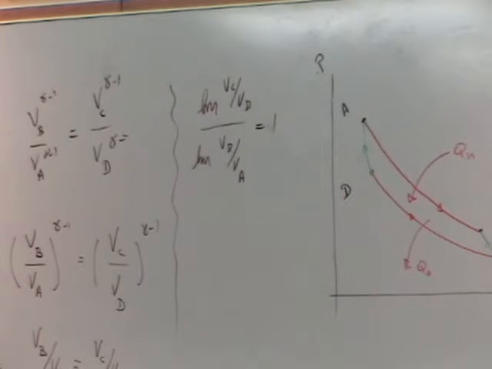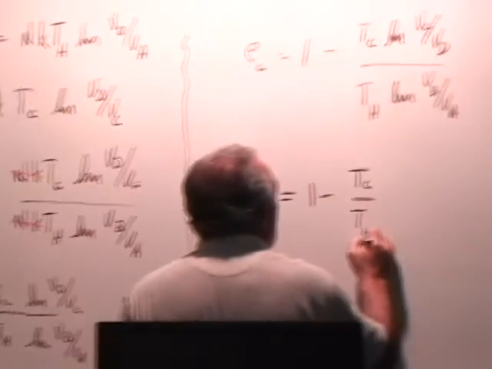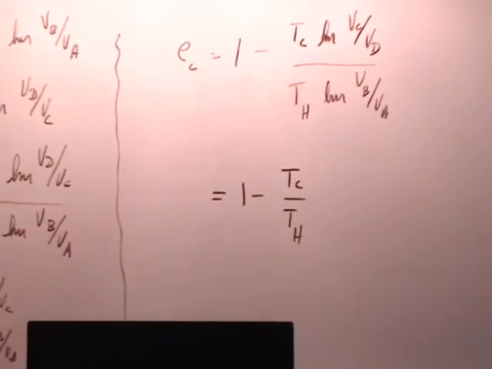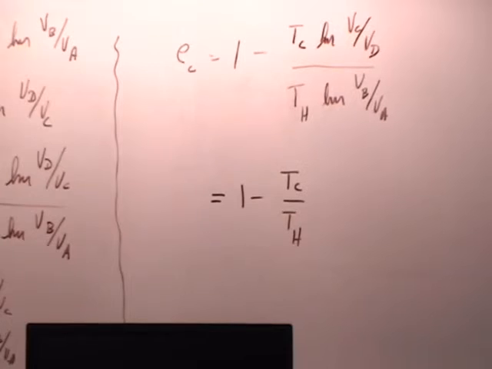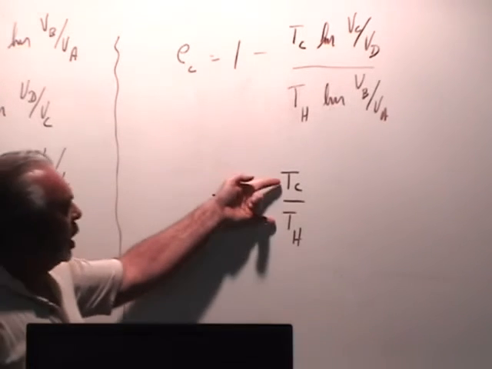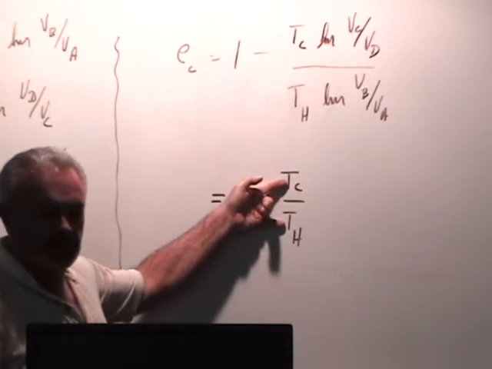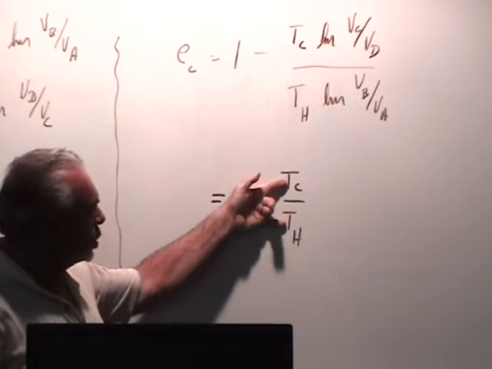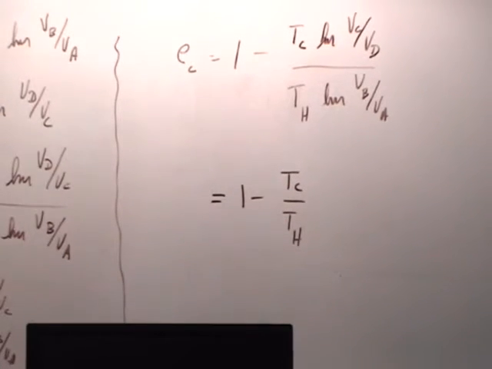Hence, we conclude that this cancels to 1, and we get the efficiency of the Carnot cycle as 1 minus T_cold over T_hot. And there we have the efficiency of the most perfect engine we can possibly design. There's the Carnot efficiency. It depends only on the ratio of the temperatures of the two reservoirs, the cold reservoir to the hot reservoir.